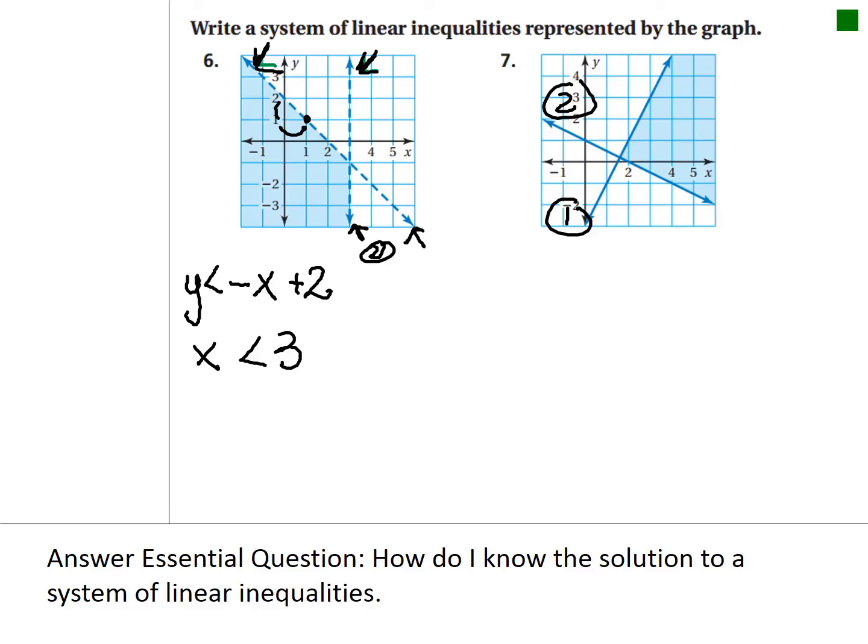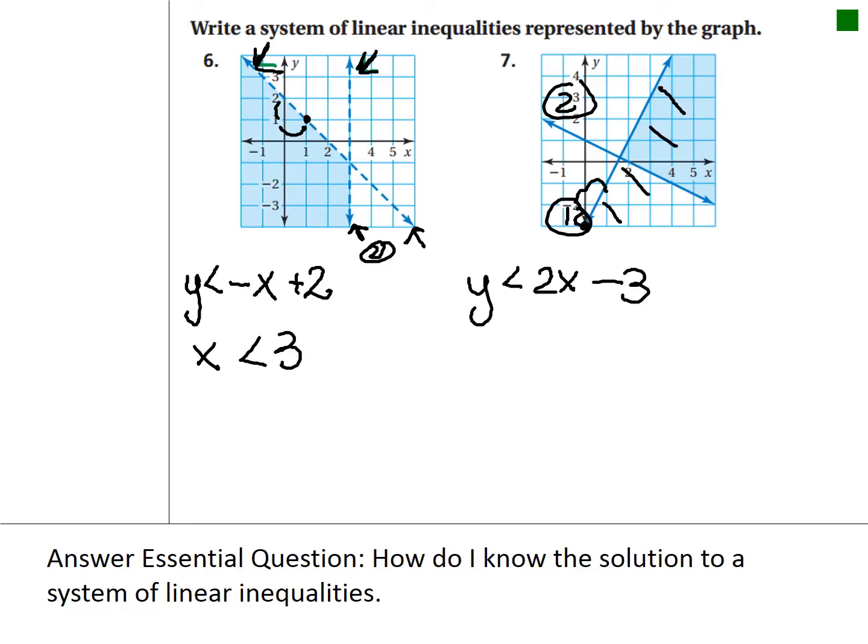All right, our intercept for line 1 is negative 3, and we go up 2 over 1, up 2 over 1 x, and we shaded for this line in this direction, knowing we're shading down, so y has to be less than.